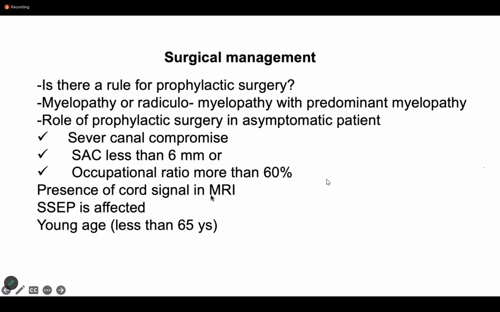And in MRI, you can see a cord signal. It is favored more for the young, less than 65 years old.